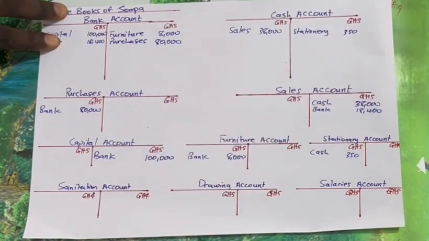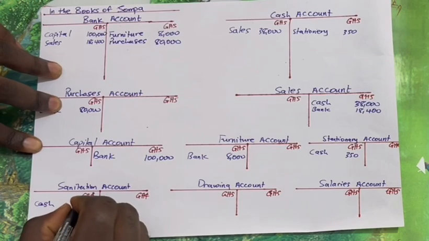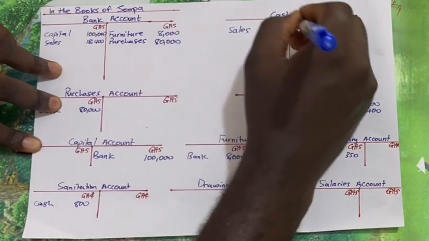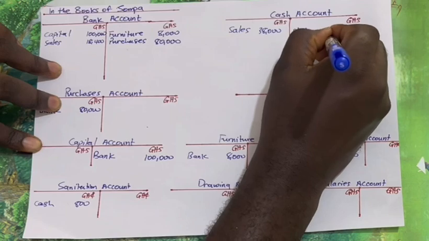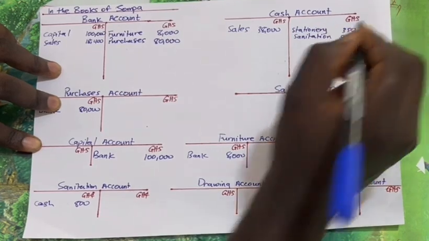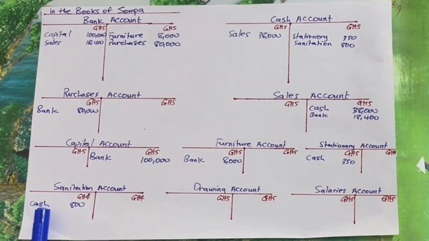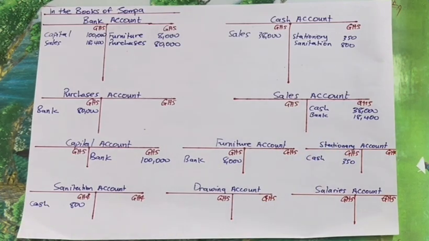So we have to debit our sanitation in the name of cash here, 800, and then we will credit our cash in the name of sanitation account, 800. Do we get it? Are we seeing how we are doing the double entry? When you record in one account at the debit side, the corresponding is supposed to be credit. We don't have to do a single entry here. The moment you do single entry, our trial balance will not balance, which means we've entered it wrongly.